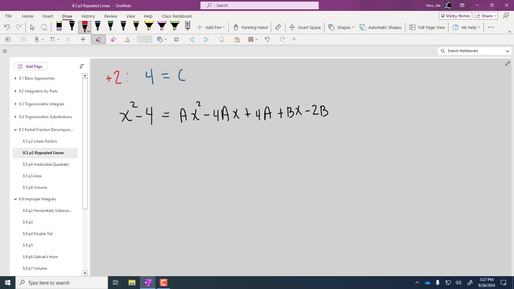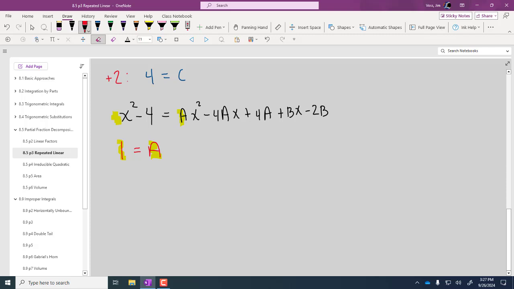She said it was 1. And what is the coefficient of x squared on the right? Just a. So we already have a. We didn't have to do much.